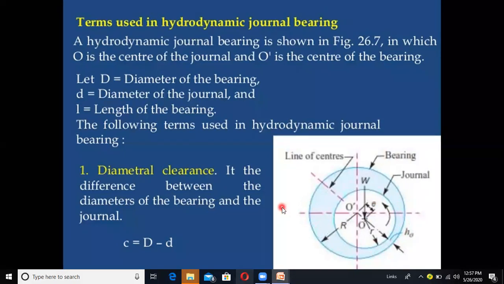Now we will see first what is diametrical clearance. It is denoted by C, which is equal to D minus d. That is the difference between the diameter of the bearing and the diameter of the journal, called diametrical clearance.